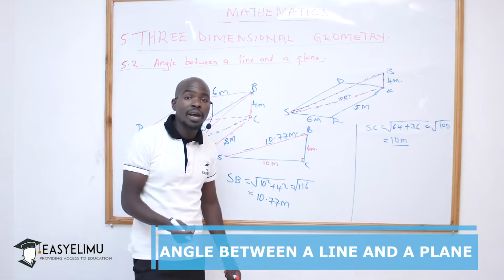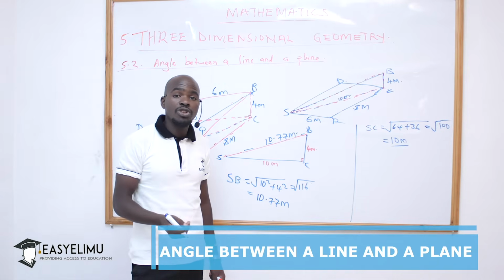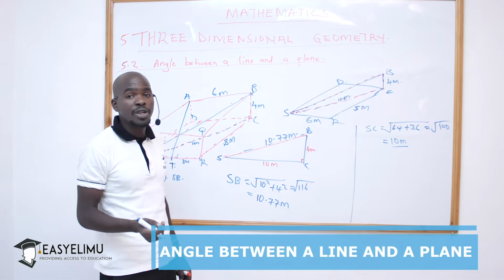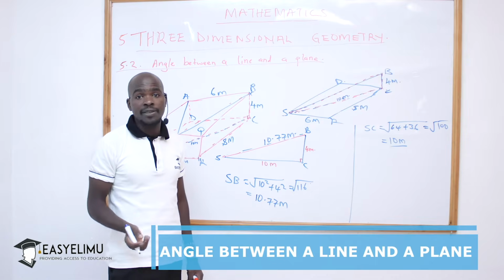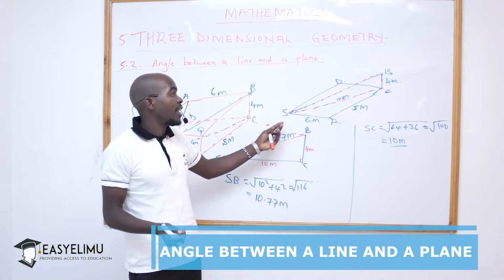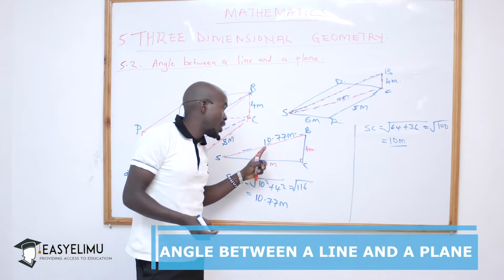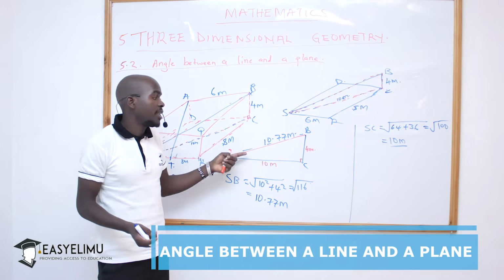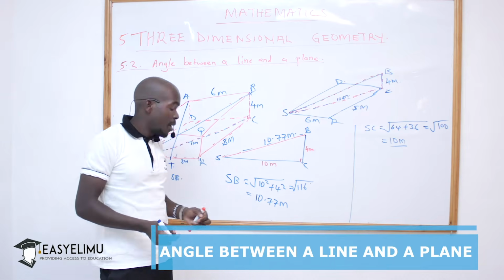If you remember, in the introduction of 5.1, the geometrical relationship between common solids or properties of common solids, we said we can use lines, edges, or vertices. And here we have used the lines, which are the edges. The property now we have used, and we have found the edge or the line SB is 10.77 meters.